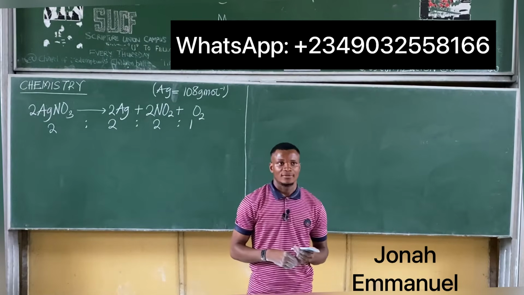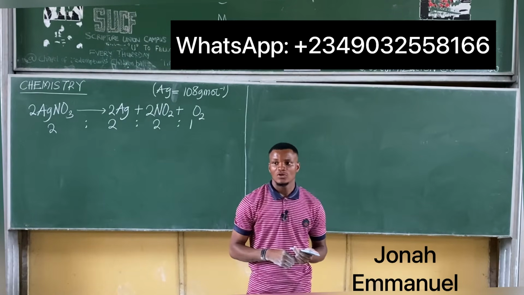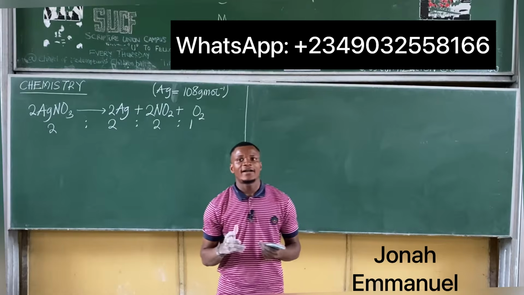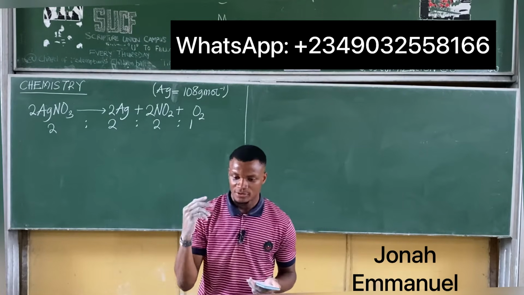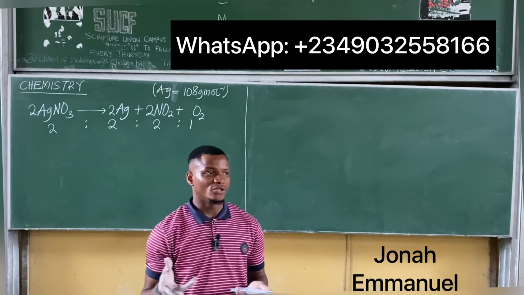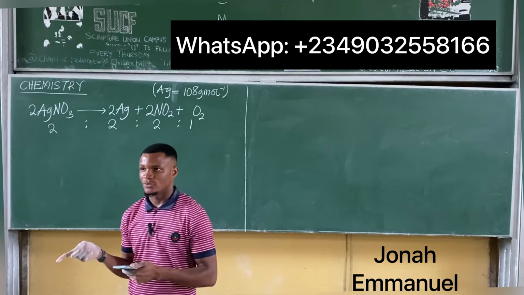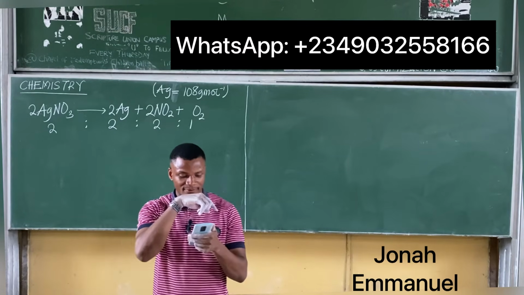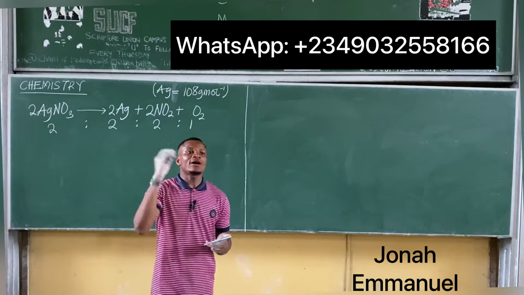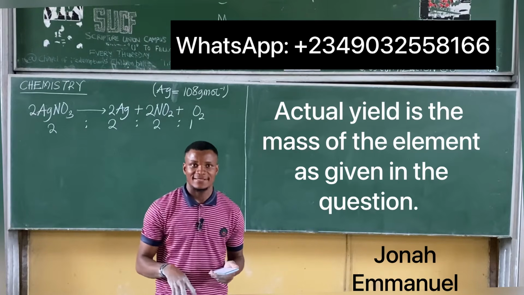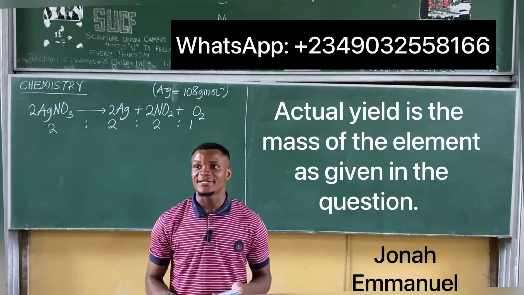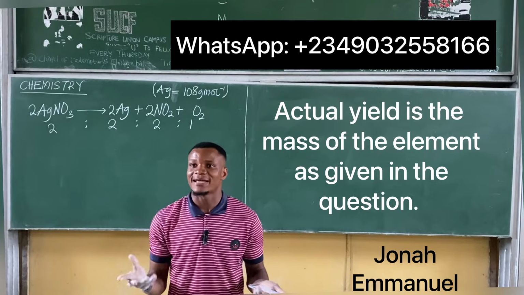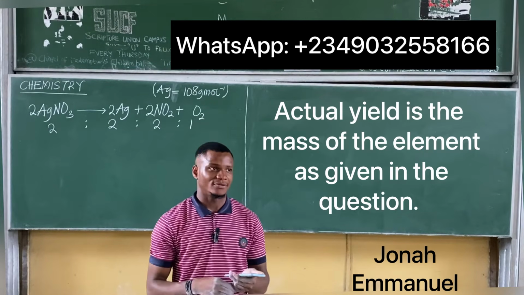Please note something. When we define actual yield, theoretical yield, percentage yield, there is something I didn't tell you. So note it now. Actual yield is the mass of the metal or the element, better still.